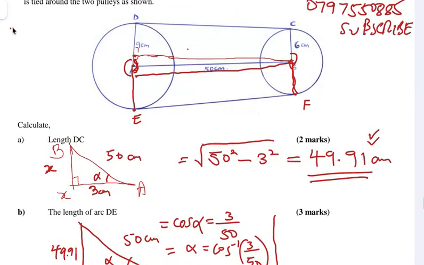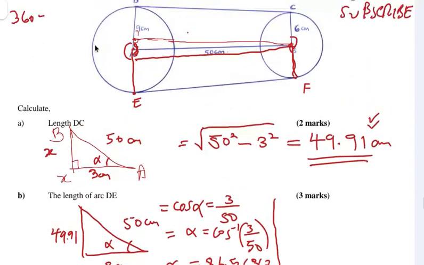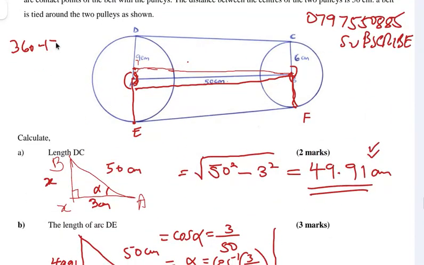Tutachukua hiyo 360, sawa, minus hiyo 173.12, yani 360 minus ile angle ambayo iko ndani, so 173.12. So just take your calculator. So 360 minus your answer, it should give you 186.